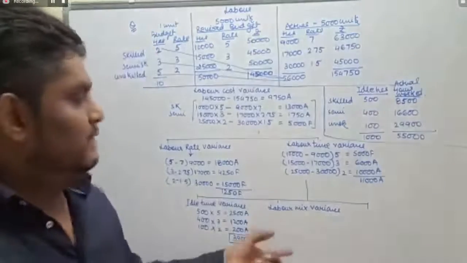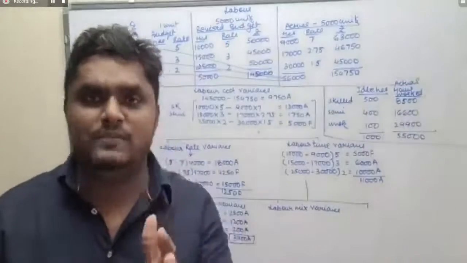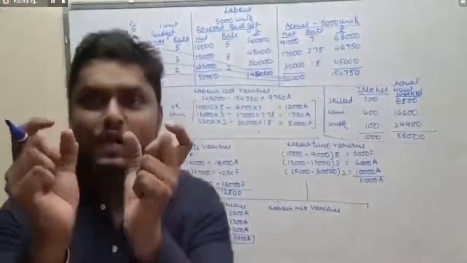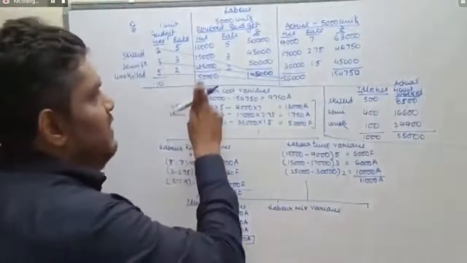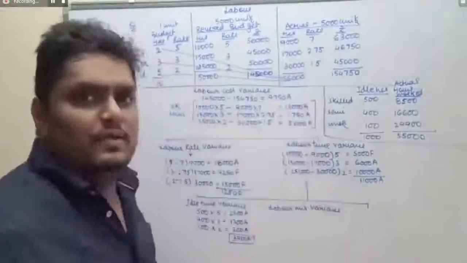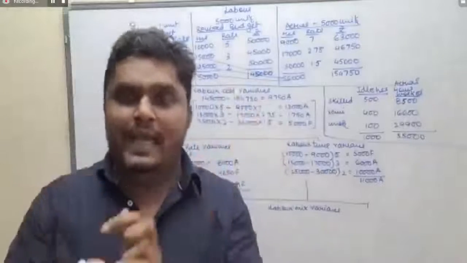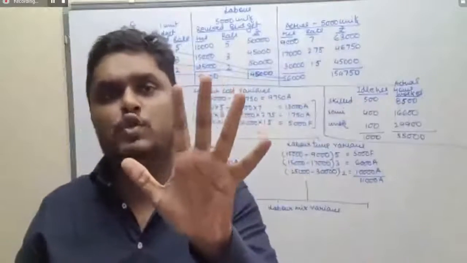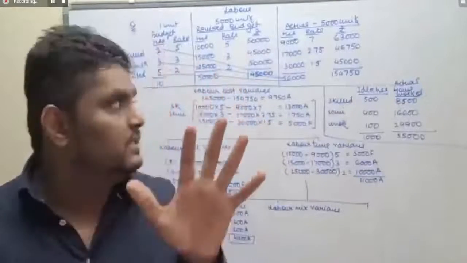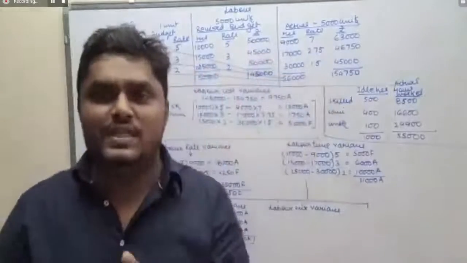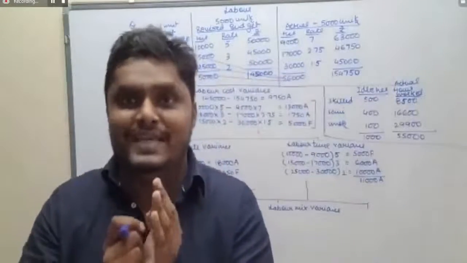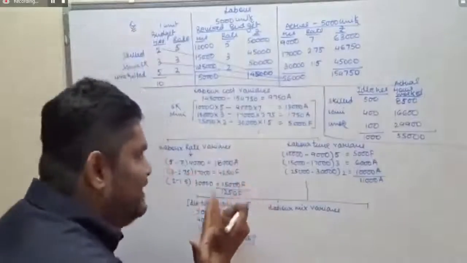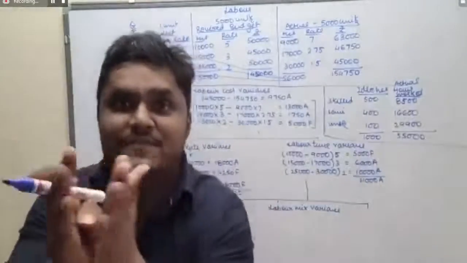Now see, guys, when talking about labor mix variance, there is an overall time deviation of how much? 50,000 to 56,000, that is 6,000 hours. I repeat again, the overall work was supposed to be completed in 50,000 hours, but we took 56,000 hours, that is 6,000 hours extra. Of this, 1,000 is the idle time variance that we have separated.